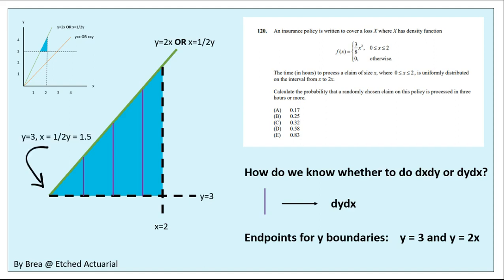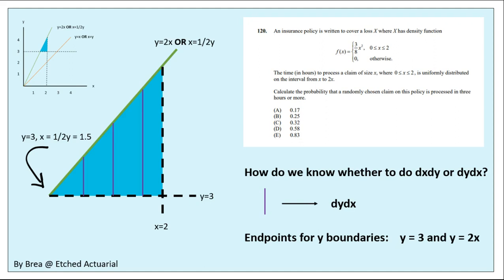In this particular problem, we have to figure out that exact intersection of where y equals 2x meets x equals 2. Because right at that point, that is our first boundary for x. As you can see, since y equals 3, we know using the equation x equals 1/2 y that x equals 1.5 at that exact point.